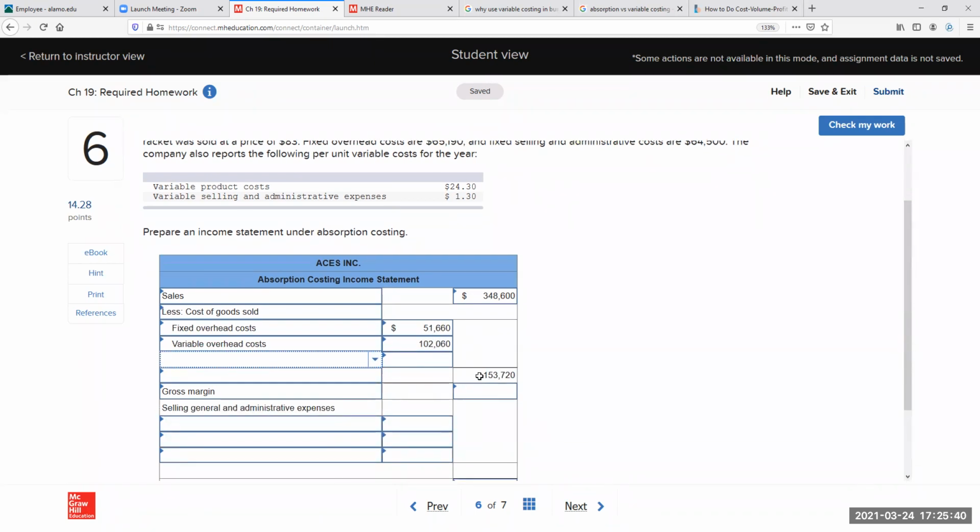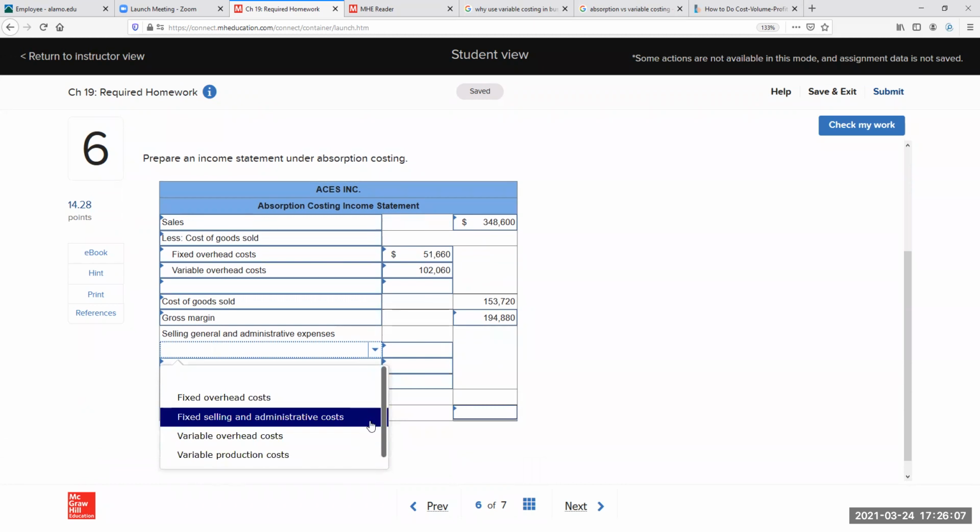And then down there's our gross margin. So what is this? Cost of goods. And cost of goods is comprised of fixed overhead and variable overhead. And now you're going to take the sales, 348,600 minus 194,880. And what goes down here? Our selling.